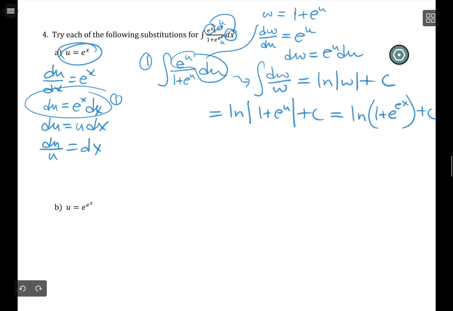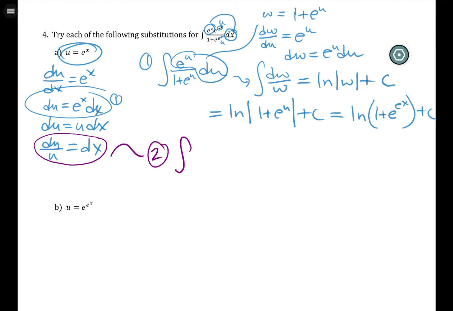Okay, just so you can see what would happen if I did this, it's going to be very similar. So instead of snagging that e to the x dx and making it my du, sometimes that's a little tricky for people to spot. They feel much better about just going in and saying, okay, e to the x is a u, e to the x is the same as e to the u.